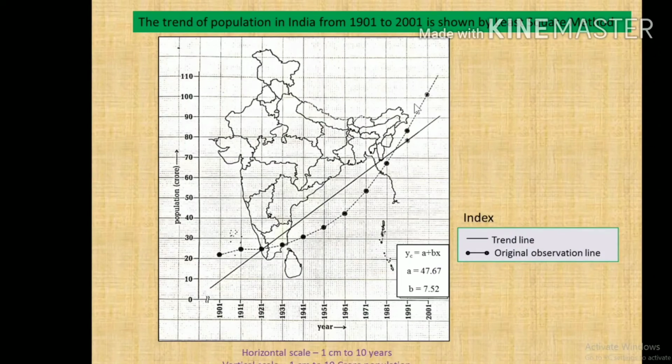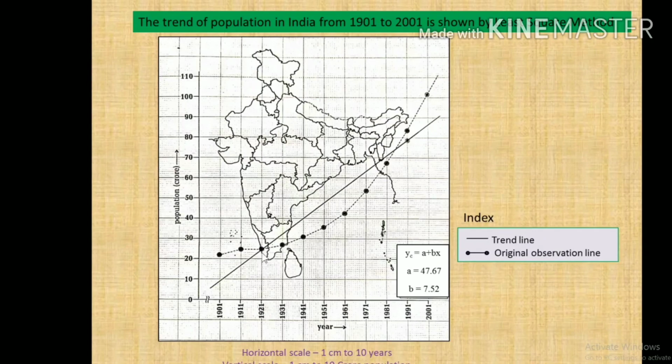In case of interpretation, you can write: the diagram shows the increasing trend of population in India at 10-year intervals from 1901 to 2001. The variation of the trend of population in different decades is shown by the least square method of this time series data. The x-axis represents the census year and the y-axis represents the population according to scale.